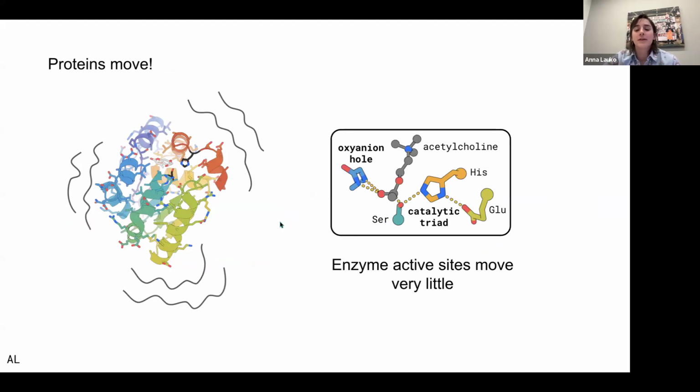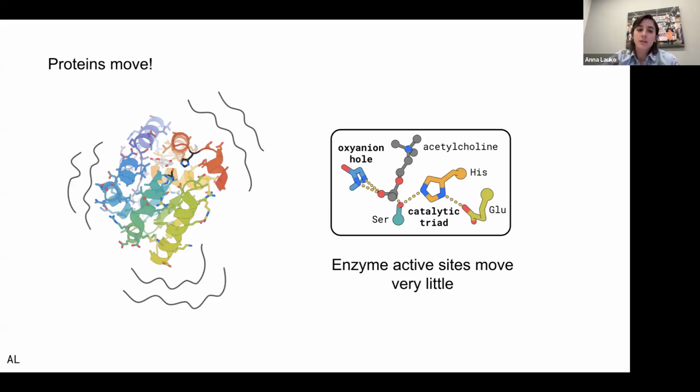But something we know about enzymes is that enzyme active sites tend to move very little. In particular, the catalytic residues, which have to form these different interactions in order for the chemistry to happen, are always forming those interactions, even often when the substrate isn't present. And this is particularly true of serine hydrolases.